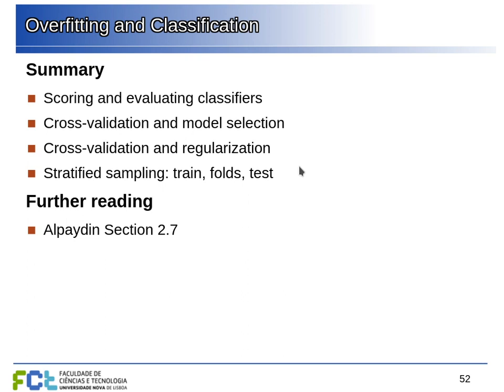So if you use stratified sampling, you avoid that. I recommend that you read section 2.7 of Alpaydin, where you'll see these ideas, cross-validation, and so on, explained a bit better. But these are basically the important aspects of this lecture.